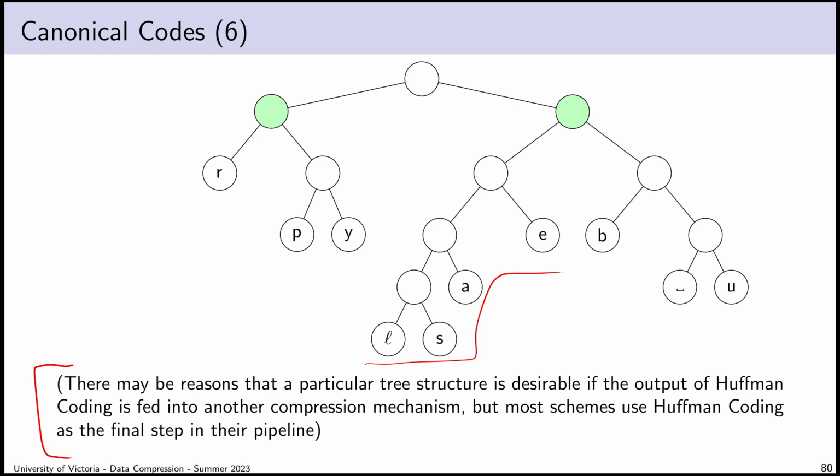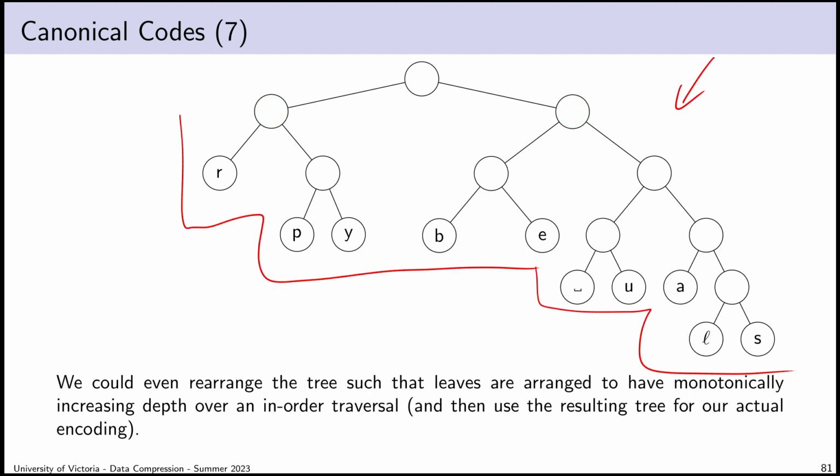But in most cases, and this is because in practice, Huffman coding or prefix codes are used at the very end of a compression pipeline, there's probably no reason we care that much about that. We just care about getting a particular set of code lengths, usually.